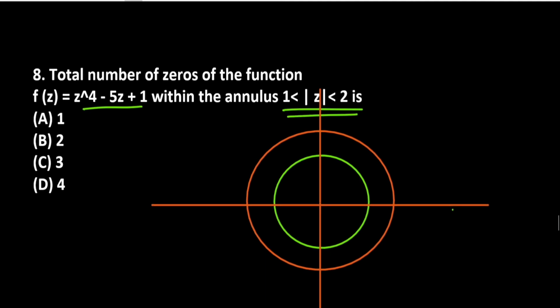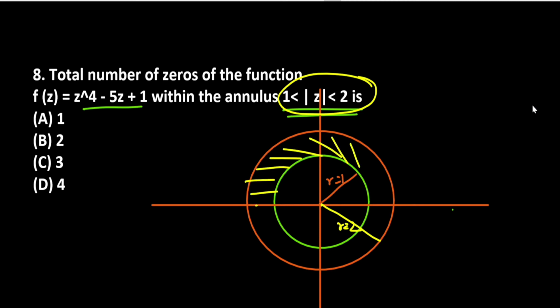Now we have to find the zeros. Suppose this is the circle with radius r equal to 1, and this is the circle with radius r equal to 2. We have to find the zeros in the region 1 less than mod z less than 2, that is, how many zeros in this region.